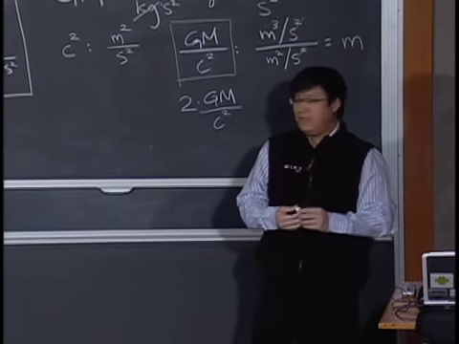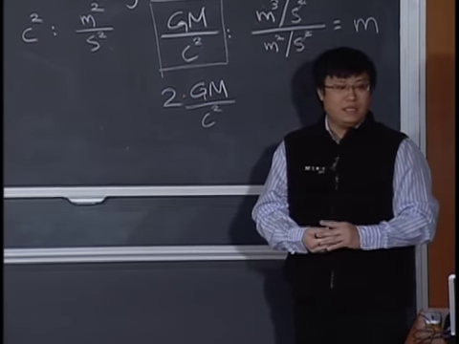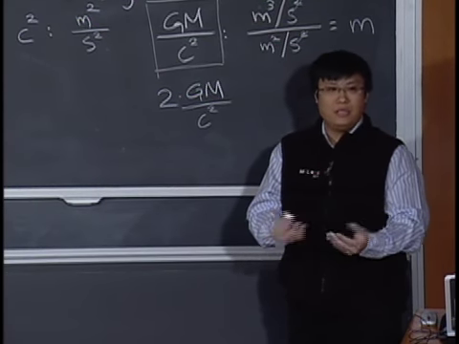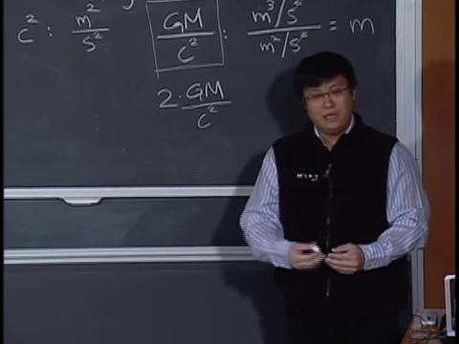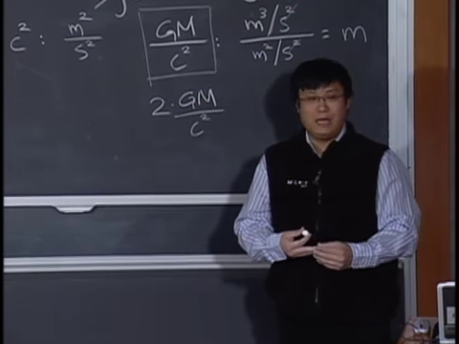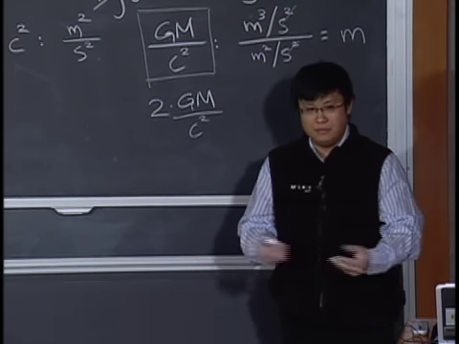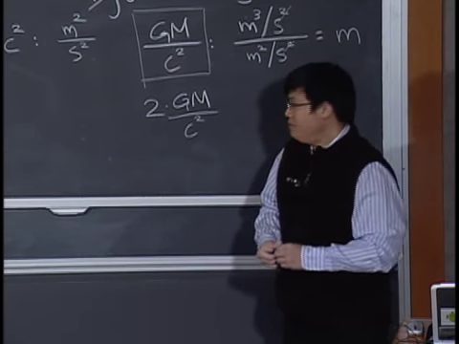So as an aside, this expression is what's called the Schwarzschild radius. And in fact, it is the distance away from a black hole such that the escape velocity is the speed of light. And therefore, if you're any closer than that to a black hole, you would have to travel faster than the speed of light, which is not possible, in order to escape it.